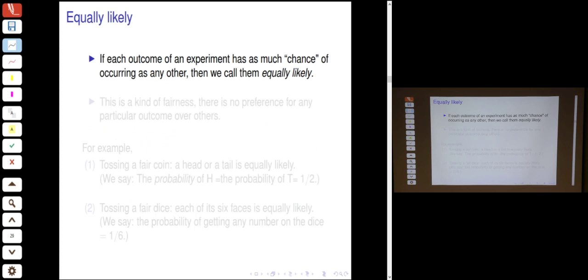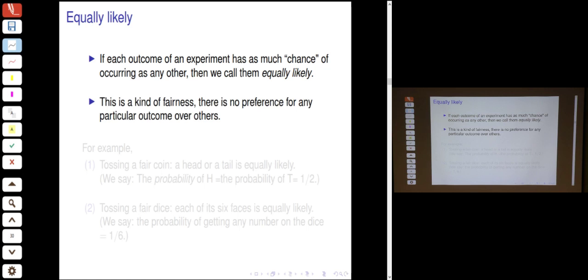Now, some events are called equally likely. Right? If each outcome of an experiment has as much chance of occurring as any other, then we call them equally likely. It's just common sense. So this is a kind of fairness.